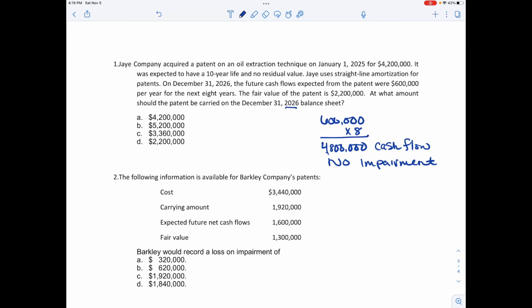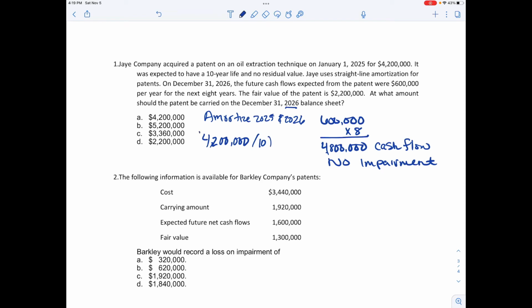And so we need to take into consideration the amortization for 2 years. This will amortize in 2025 and 2026, and that's going to bring down that carrying value. Luckily, we're looking at full years here. We're going to amortize that $4.2 million over 10 years.